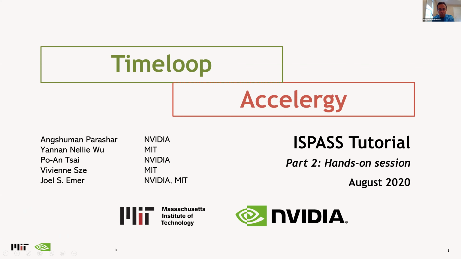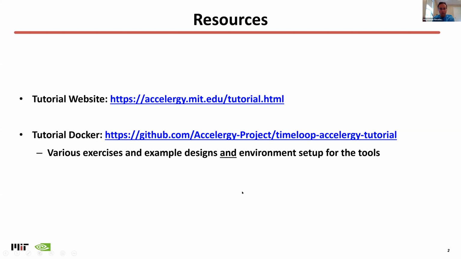Before we begin, these are the main resources for the tutorial. There's a website on the tutorial, which you should have seen linked on the main ISPASS website as well. That website covers all of the instructions you need to install the infrastructure for the tutorial today. This includes Docker. If you're able to install Docker, then that's the easiest and most streamlined way to run the exercises.